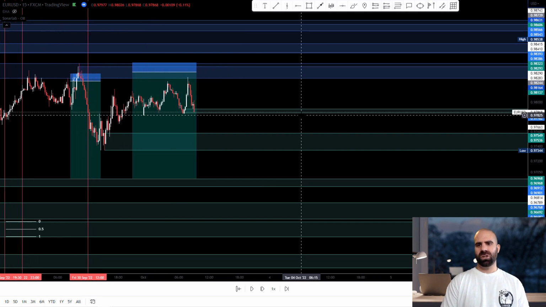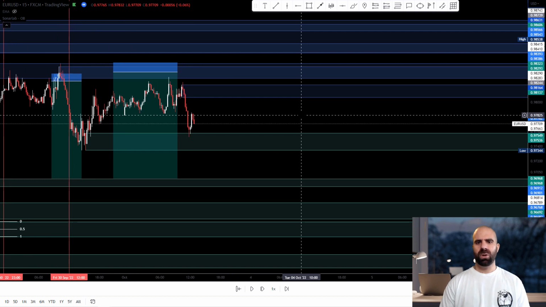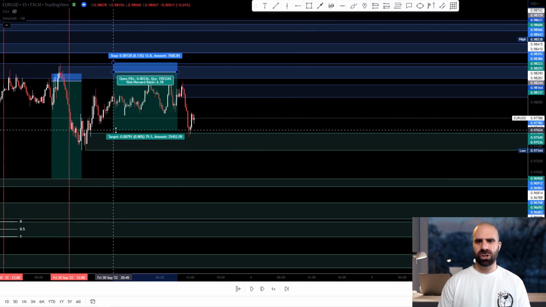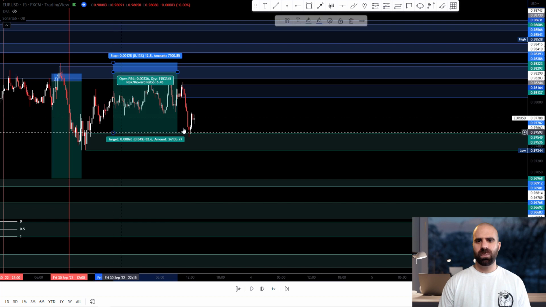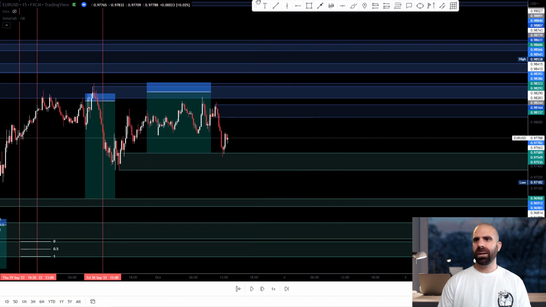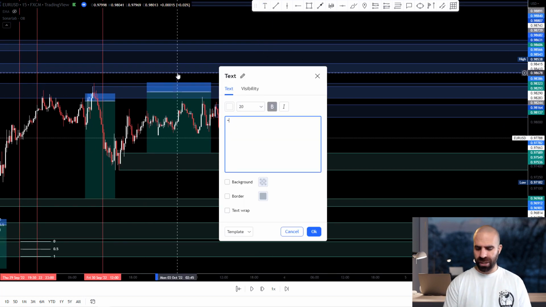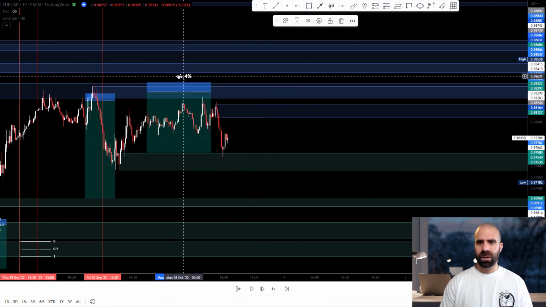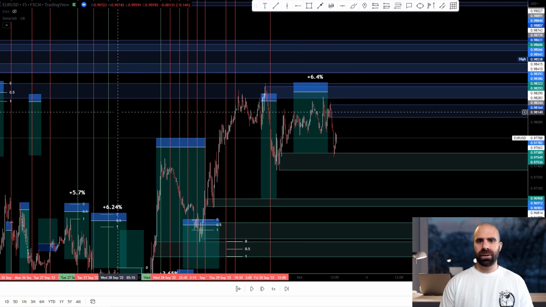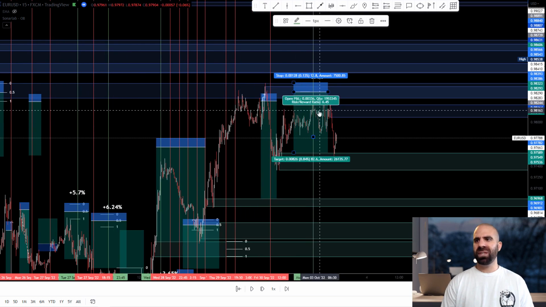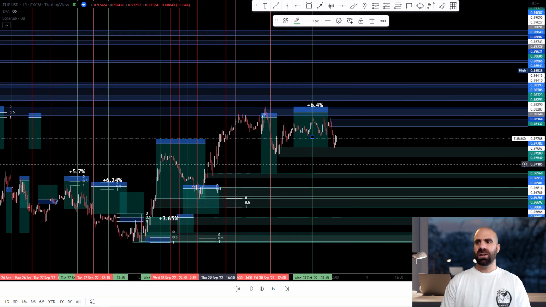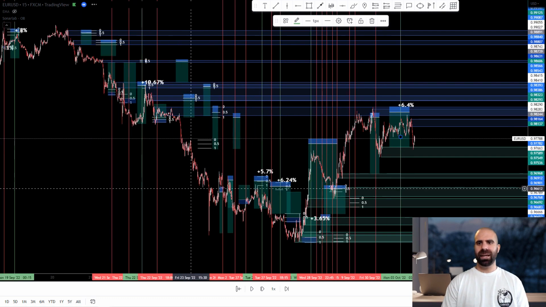If price taps into this new order block, yeah, we would be closing at 5 to 1 in this occasion. Or no, it's a 6.4 to 1. This is where my discretion comes into play. Plus 6.4%. And this was my last trade right here for this 15-minute scalping strategy just using one indicator.